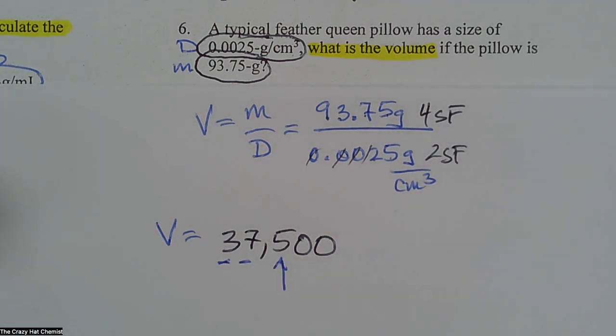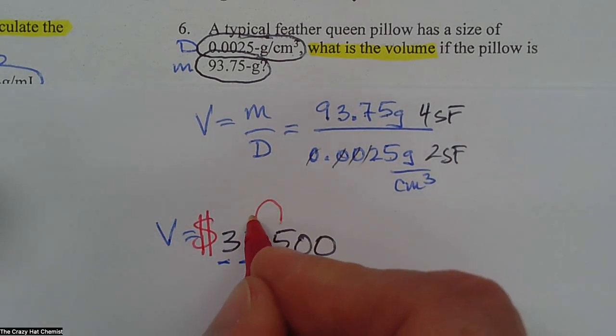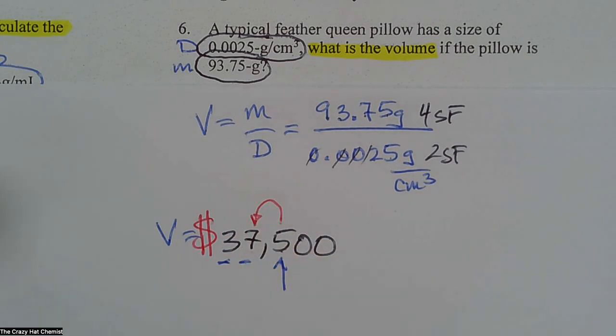I'm looking at that 5 for rounding. So I know this is not dollars, but just imagine this as dollars. So when we round, we're going to round imagining dollars. So this $37,500. Since this 5 is 5 or greater, I'm going to add 1 to the preceding digit. This 7 will become an 8. So 38.